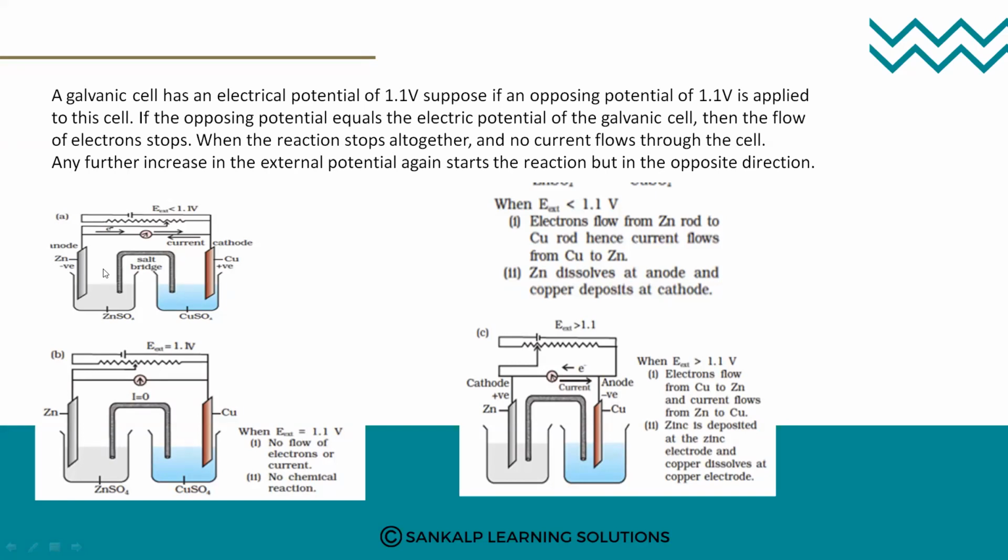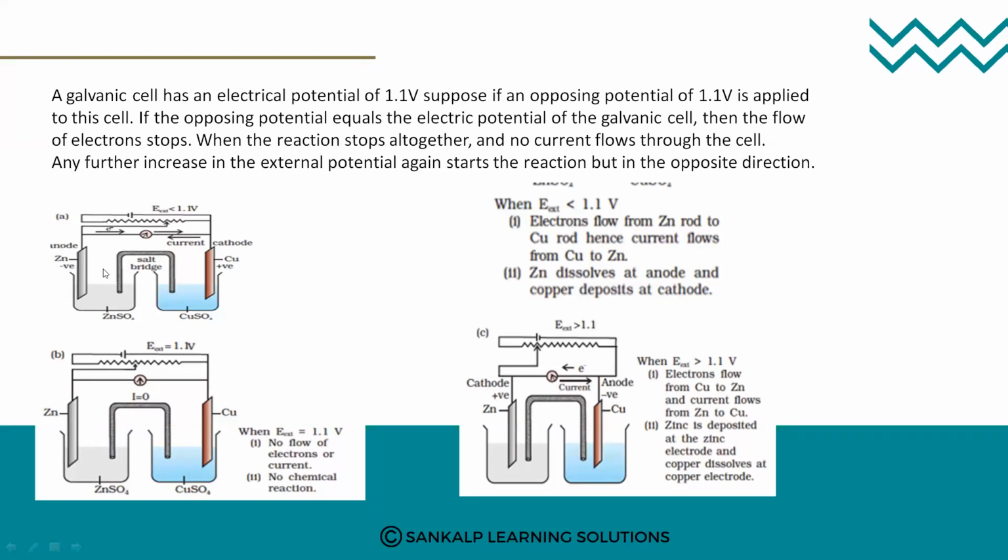Here the external electrical potential is less than 1.1 volt. So the electrons and the external potential are in opposition to each other. In the second diagram, if the external energy is equal to 1.1 volts, what will happen?